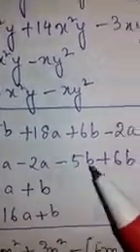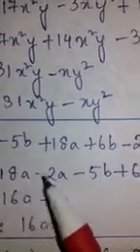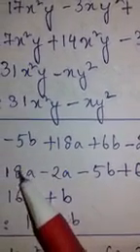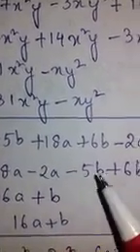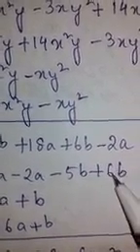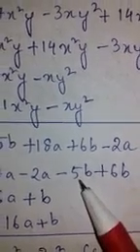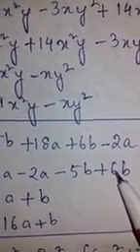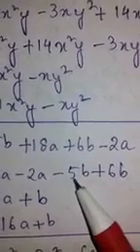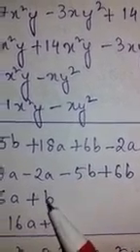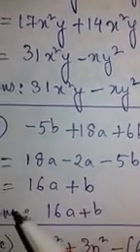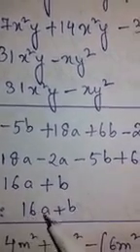Here you have minus 5b and plus 6b. So, 18a minus 2a is 16a, as you know 18 minus 2 is 16, and plus 6b minus 5b means actually what? 6 minus 5 means 1. So, 1b means b. You are getting the final answer as 16a plus b.